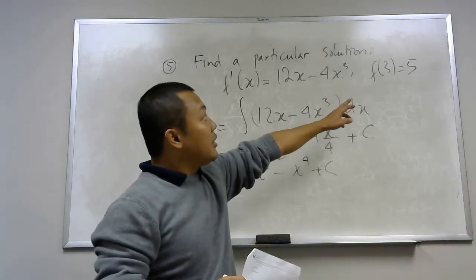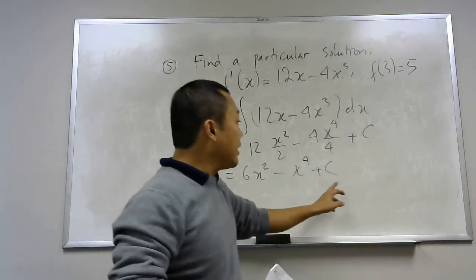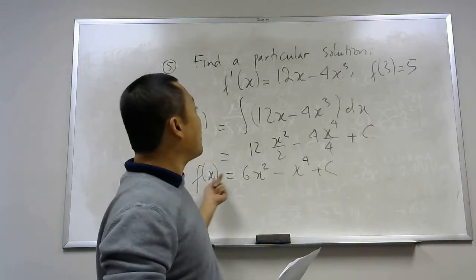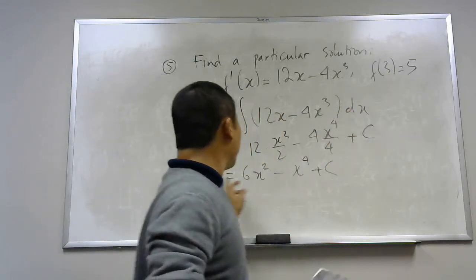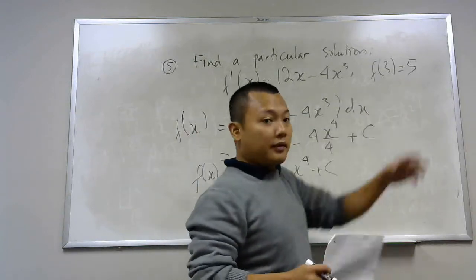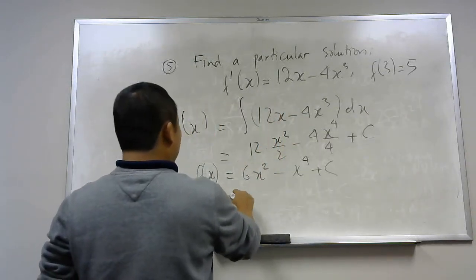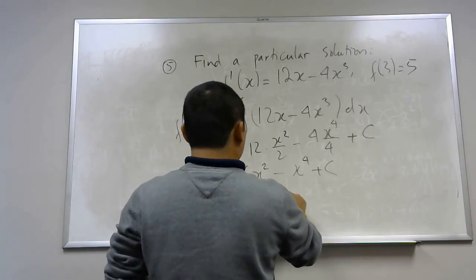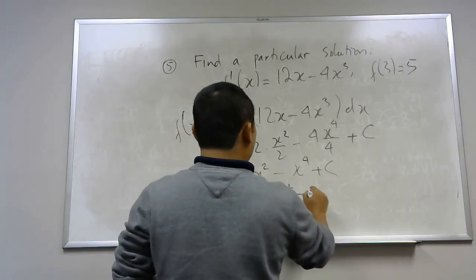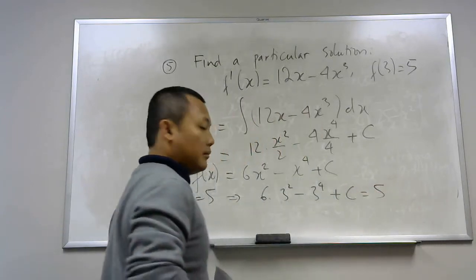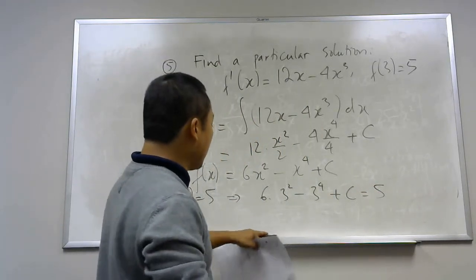And we need to recover the full function. We need to use the initial condition f(3) equals 5 in order to find c. So what does it mean? That means I need to plug 3 into the function and set everything equal to 5, right? Since f(3) equals 5, from here I get 6 times 3 squared minus 3 to the 4 plus c equal to 5. We simplify that, you get what?